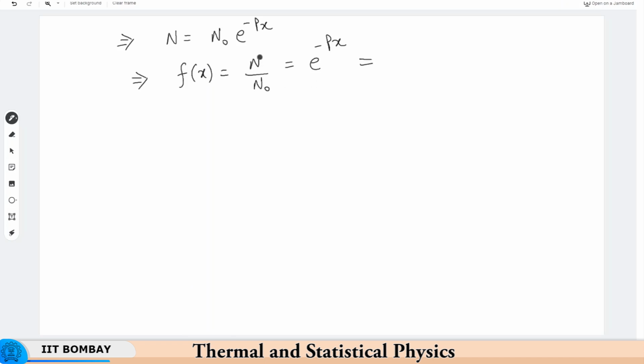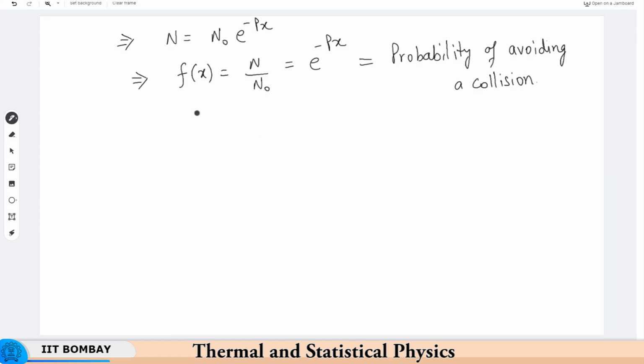This is basically how many molecules after travelling distance x did not undergo collision, divided by the total number of molecules that we started with, and this is nothing but the probability of avoiding a collision. Okay. So, this is what we end up with, but remember here we have a term p, which is an unknown constant, and we have to evaluate it.